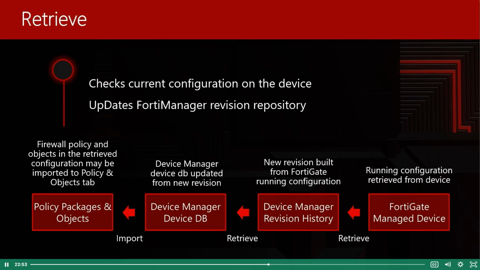We will have a new version built from the FortiGate running config, and then the FortiGate managed device running config will be retrieved. So basically what we're saying here is we want to go out and connect. We want to make sure that we have our configs. We want to make sure that we're retrieving the configs from the FortiGate device itself over onto the FortiManager.